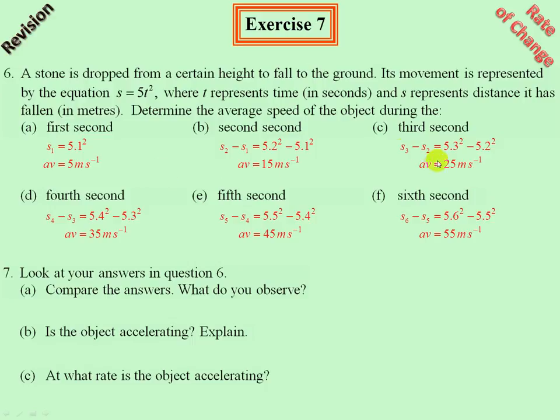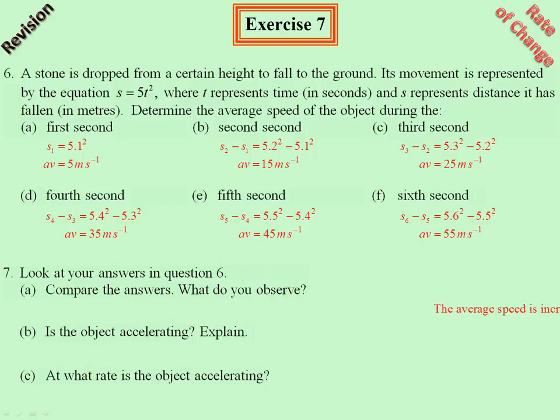This implies something about the average speed per second, doesn't it? But those who are the science buffs know that we have what's called terminal velocity. So this is just theoretical, just getting used to limits and average speed. Compare your answers.